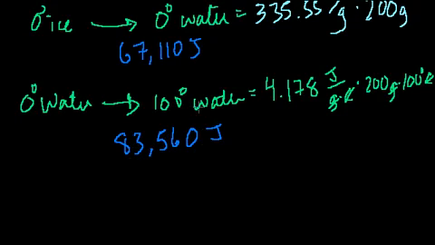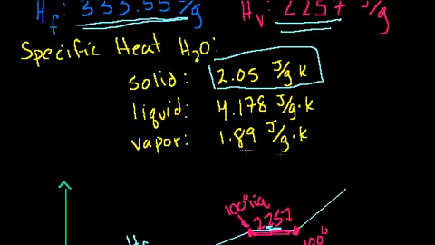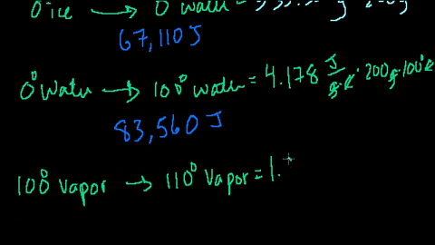Joules. Now we're dealing with 100 degree water vapor, and we have to turn that 100 degree vapor to 110 degree vapor. So we use a specific heat of vapor. 1.89 joules per gram Kelvin multiplied by the amount of vapor we're dealing with, 200 grams. That obviously doesn't change.